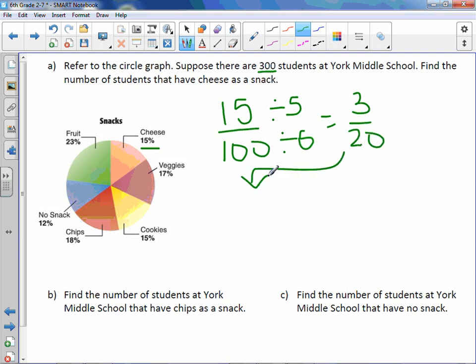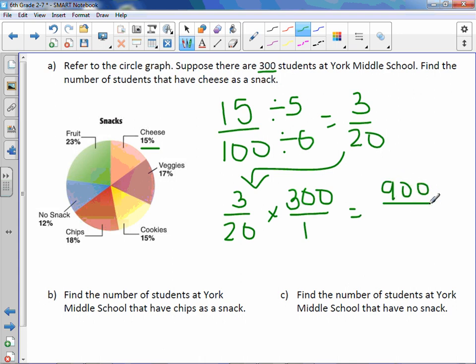Now take that reduced fraction of 3 over 20 and multiply it by your total. In order to do this, we need to put our total over 1. 3 times 300 is 900 over 20 times 1 is 20.